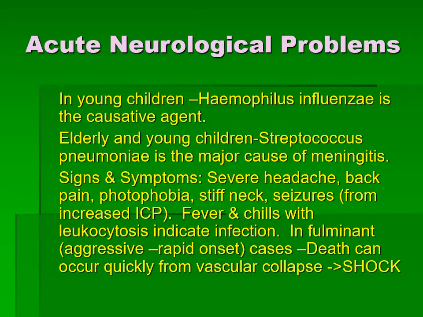Signs and symptoms: severe headache, back pain, photophobia, which is sensitivity to light, stiff neck, seizures from increased intracranial pressure, fever and chills with leukocytosis, increased number of white blood cells indicate infection, and fulminant means aggressive or rapid onset cases. Death can occur quickly from vascular collapse, which could lead to shock.